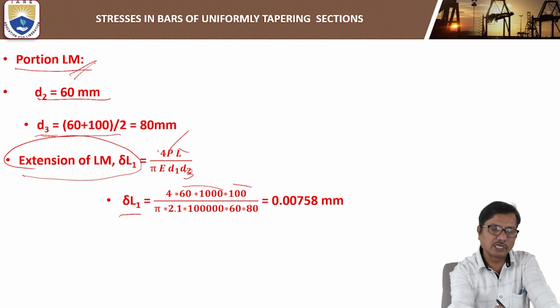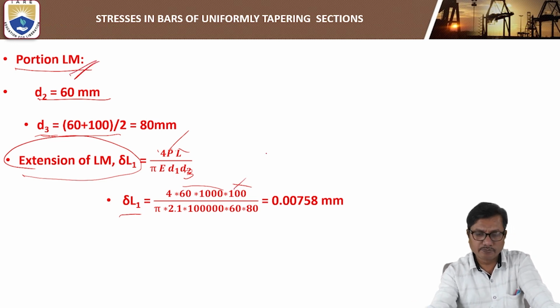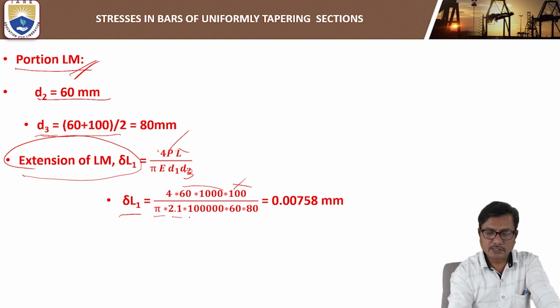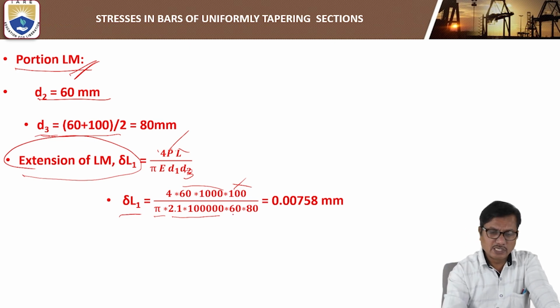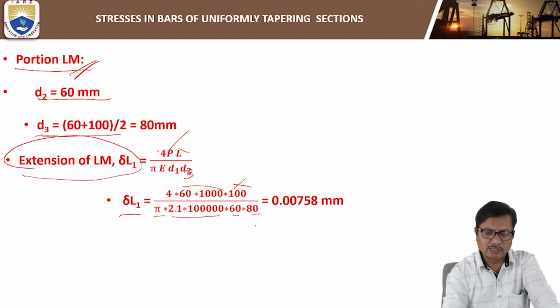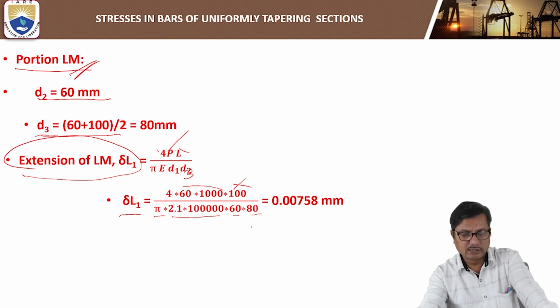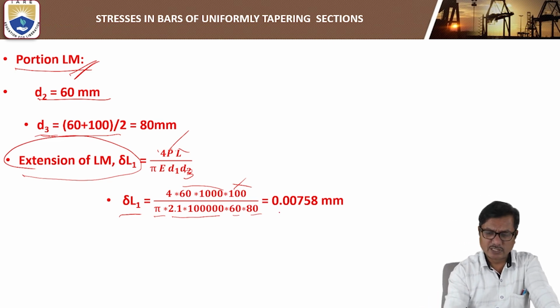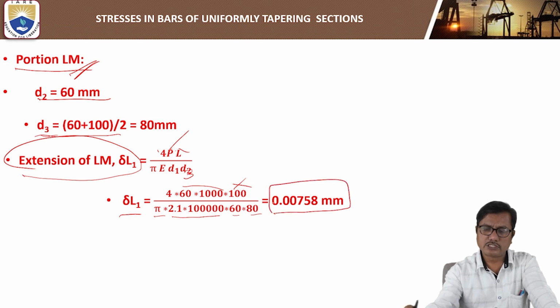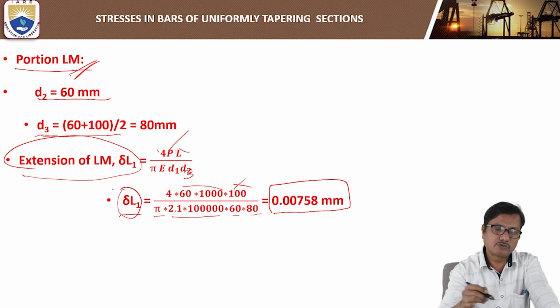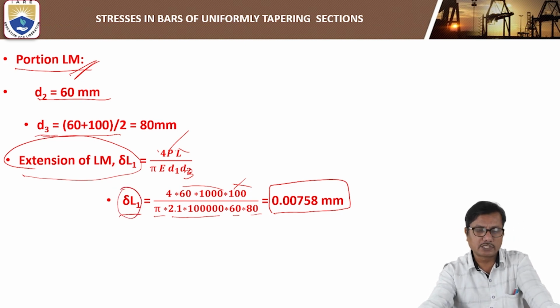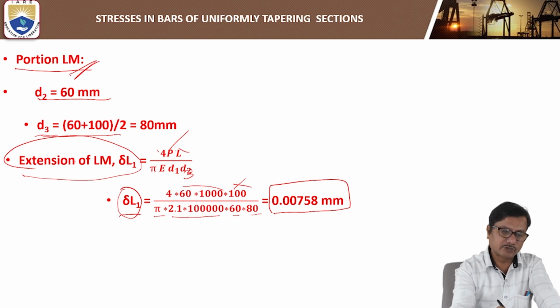This is for only portion LM, so length is 100 mm, by pi E, 2.1 into 10 power 5 Newton per mm square, into D1 D3. I have to take them in the same units, millimeters. It gives the extension as 0.00758 millimeters.